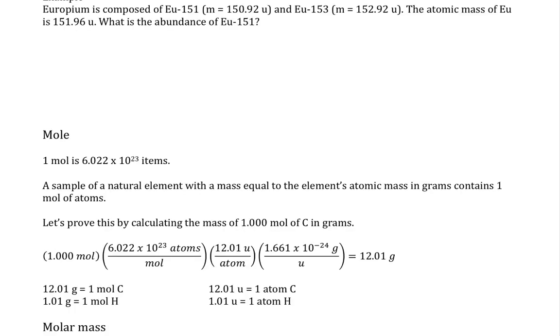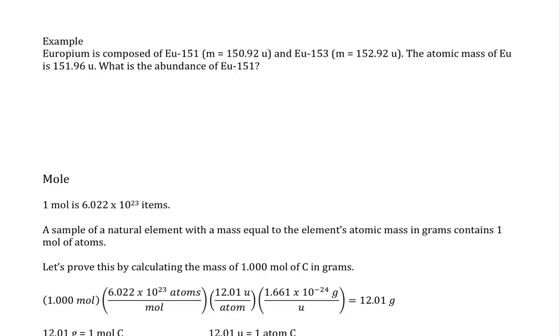Here's the next problem. Europium is composed of two isotopes. We're given the masses of each isotope. We're also given the atomic mass of europium. It is 151.96 U. Our problem here is to determine the abundance of the 151 isotope. We're after the percent abundance of that one.